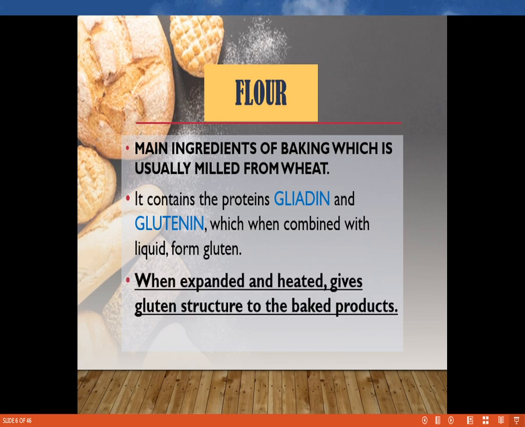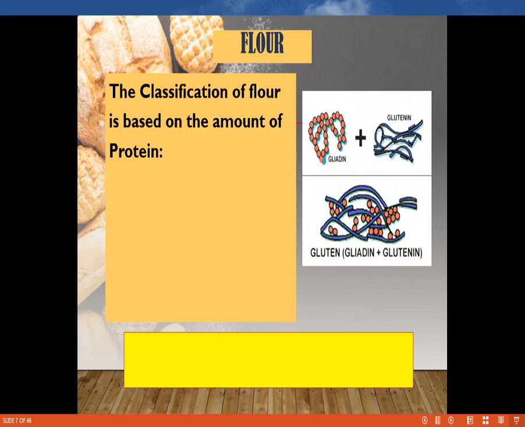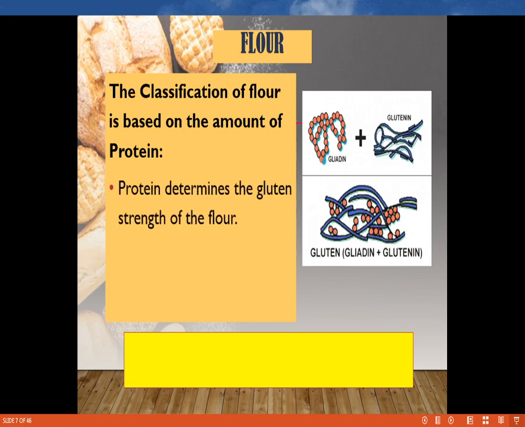When expanded and heated, it gives gluten structure to the baked products. The classification of flour is based on the amount of protein. Protein determines the gluten strength of the flour. Gluten gives the dough its shape and form.